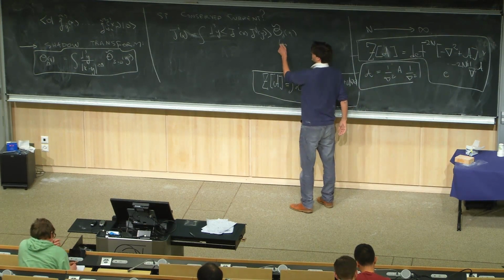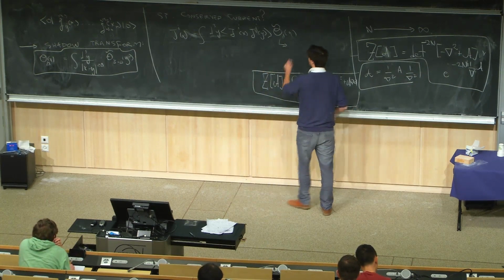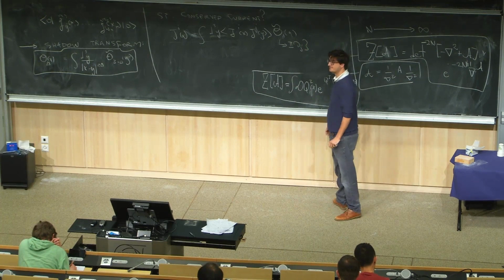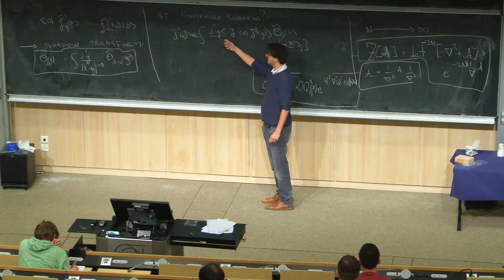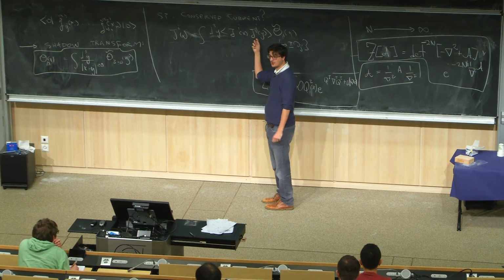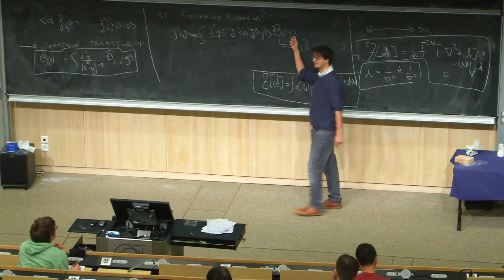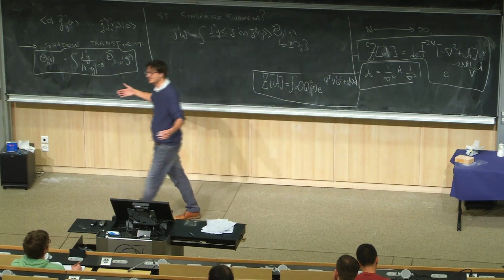If I consider this shadow operator of the conserved current, and I add to it some total derivative, then I can integrate by parts, and the derivative acts on the two-point function. And because of the Ward identity, it vanishes.